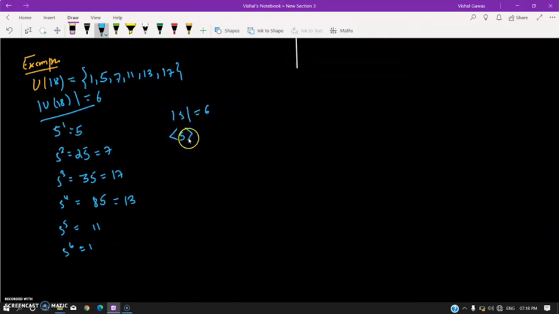So 5 generates U18. Now I want to check which elements would generate U18. 5 raised to 1 is also equal to some 5 raised to k if and only if GCD of k and 6 is 1.